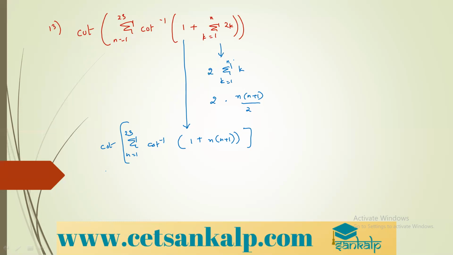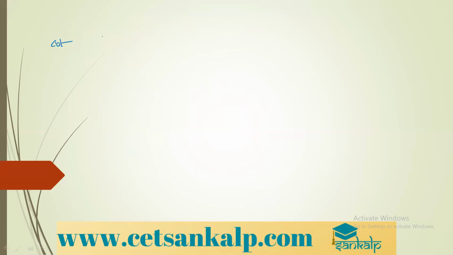Now I can change a little bit. I can keep cot as it is, whereas inside the sigma, cot inverse, if I change it to tan inverse, I will write 1 by 1 plus n into n plus 1. This is how I will write. But this I can break. Cot sigma n equal to 1 to 23, I have to break tan inverse 1 by 1 plus n into n plus 1.